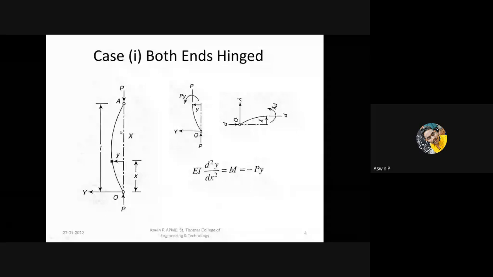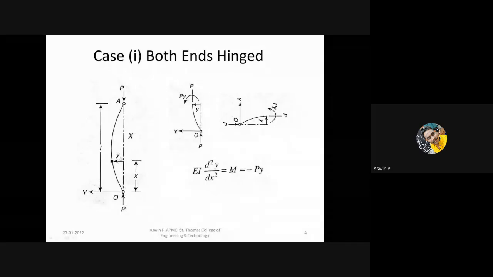So definitely you can say what the moment is. We have the general equation for moment as EI d square y by dx square, or in this case, force into perpendicular distance. If this is the force P and the perpendicular distance is y, the moment will be P into y.